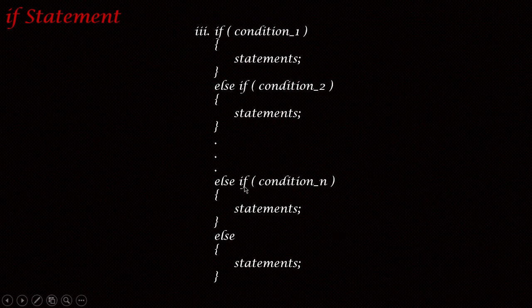Now we provide another. See, we are just providing condition n, meaning we can use as many conditions as we want. And at last we provide the else part. If none of the conditions above are true, then this else statement will be executed. Okay, this is optional. You may utilize it, you may not utilize it.